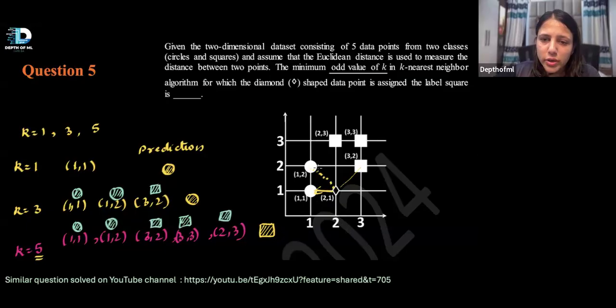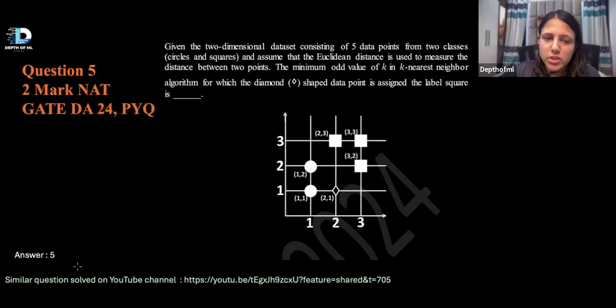K is equal to 2 anyway you don't have to do. So these are the 3 nearest points. You don't even have to calculate the distances, right? And in k is equal to 5, obviously all 5 data points are there, so no need to compute distances, just take a max vote. And the max vote on all of these data points will be square. So hence the answer for this particular question is 5.